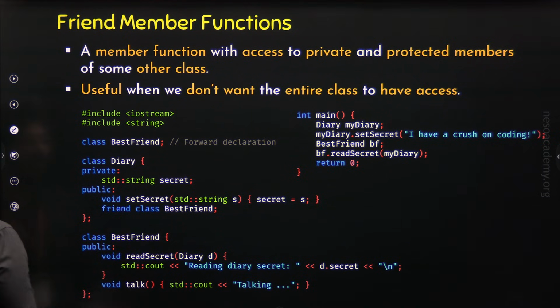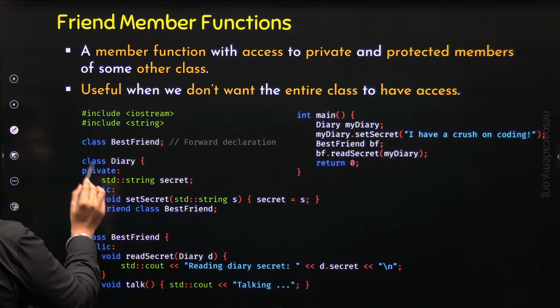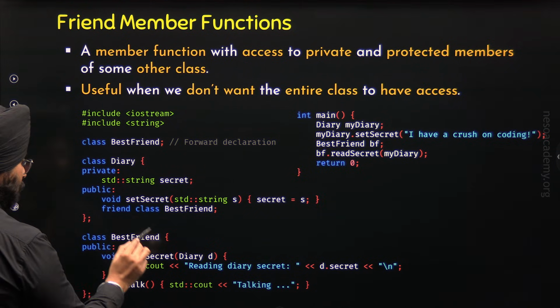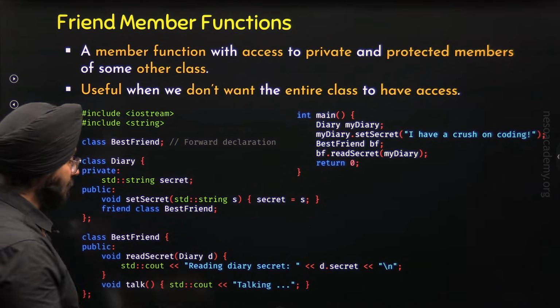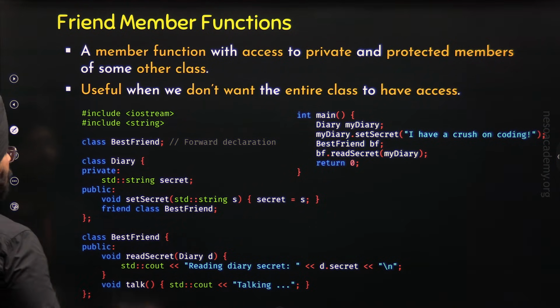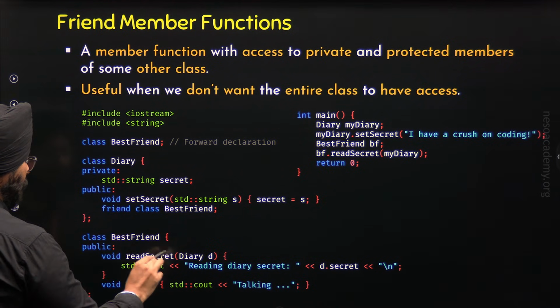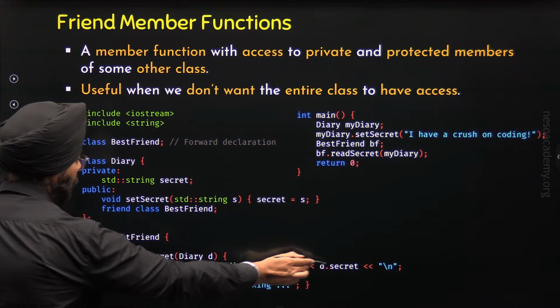Through this function, we can provide some string to this variable secret, which is the private member of this class. Here we have defined the class BestFriend, which mimics the best friend. And this class can access the private member secret. And here, through this readSecret function, we can read the secret message.